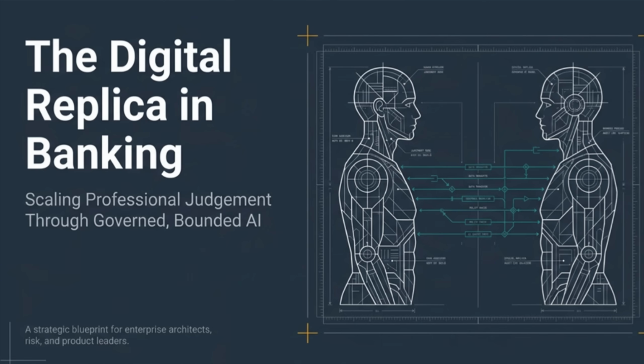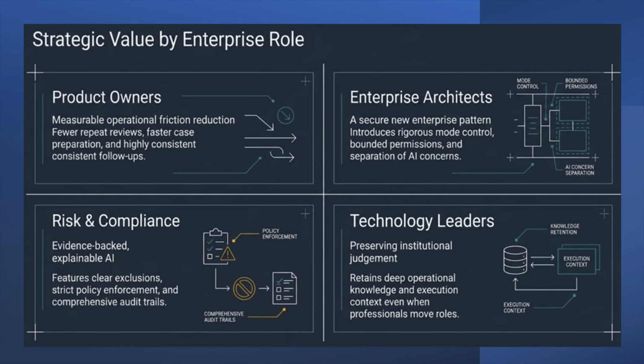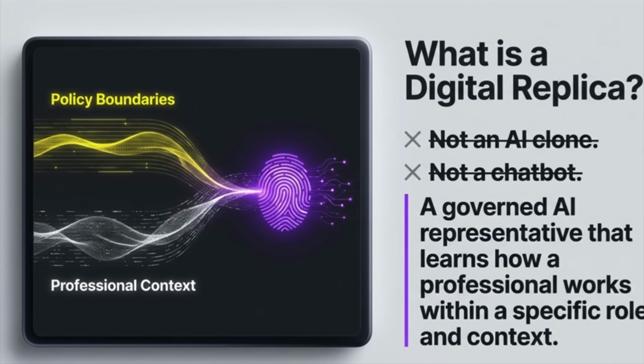A loan operations specialist, a payments architect, a product owner, or a compliance reviewer does not just answer questions. They observe information, judge risk, prioritize work, communicate decisions, escalate exceptions, and act within boundaries. A digital replica learns those repeated work patterns over time.